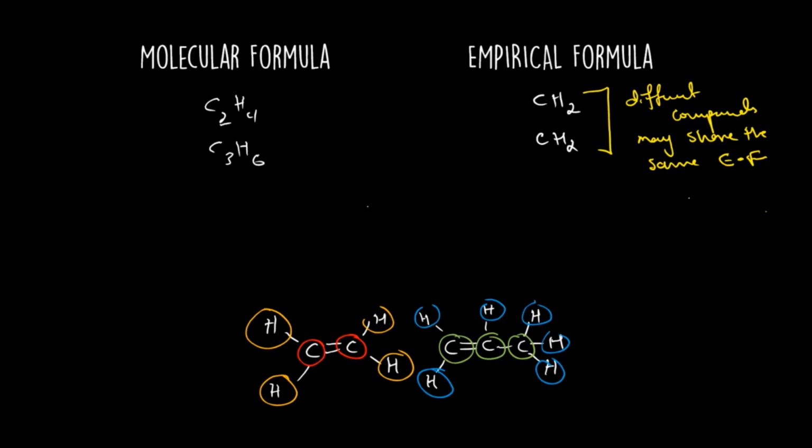Now, the previous examples, all of them encompassed us finding out the molecular formula and then jumping to the empirical formula. So we moved in this direction, right? From the molecular formula to the empirical formula.